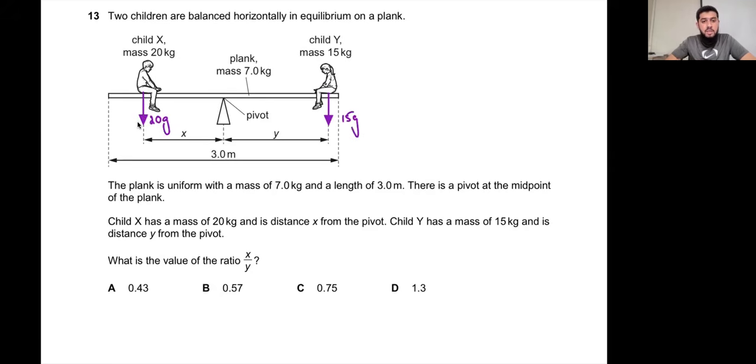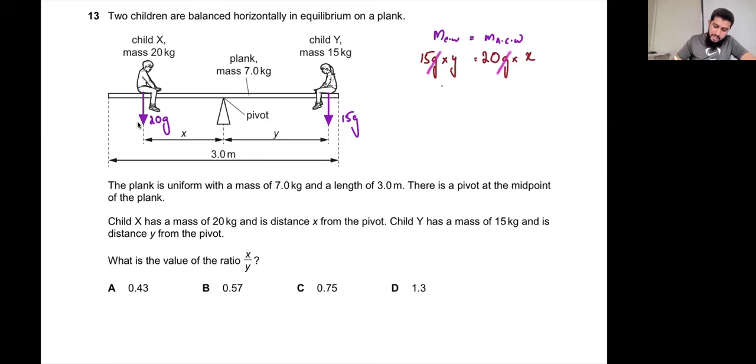Since the plank is balanced, it's in equilibrium, I know that my moment in the clockwise direction is equal to my moment in the anti-clockwise direction. My clockwise moment being 15g into y is equal to my anti-clockwise moment being 20g multiplied by x. The g's cancel out.